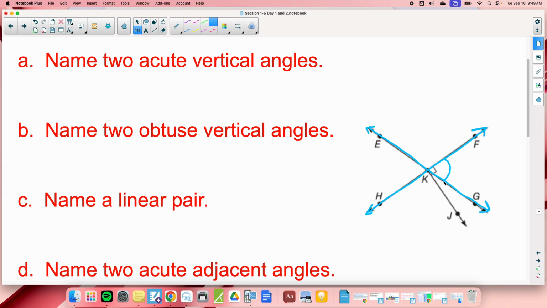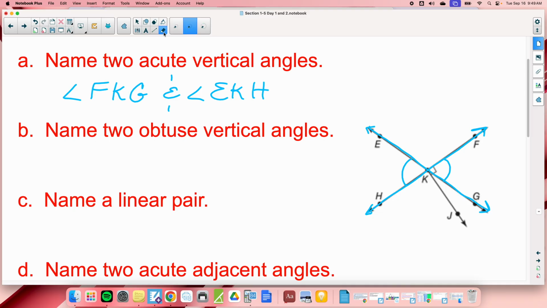Do you guys get that would be this one over there? Okay, because vertical are across from one another. So we can say angle FKG and angle EKH.